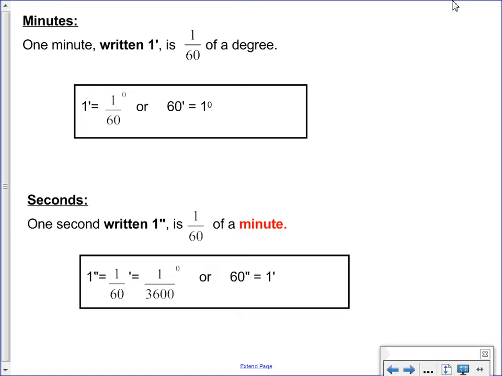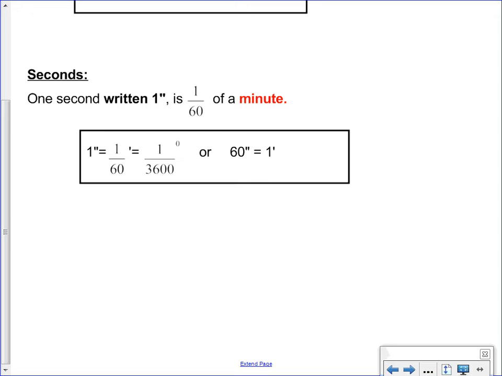All right. The quote mark, not the apostrophe, the double line, would be seconds. So circle for degrees, apostrophe for minutes, and quote for seconds. There are 60 seconds in a minute.